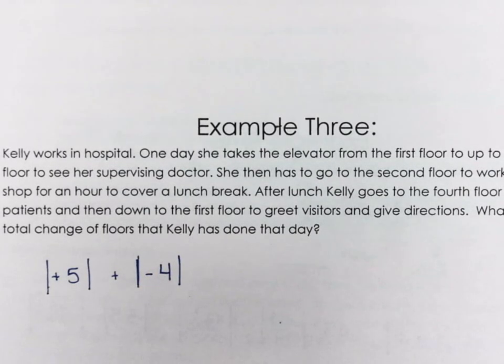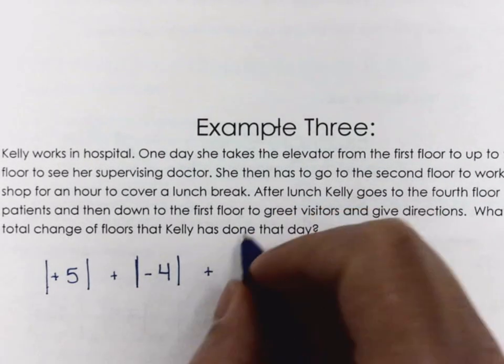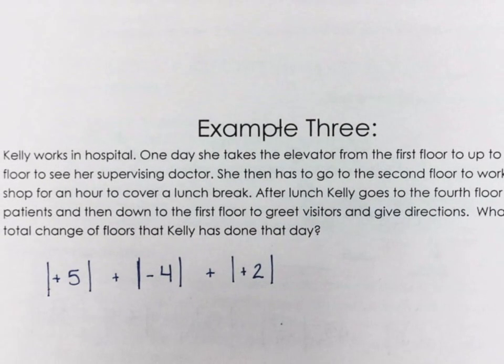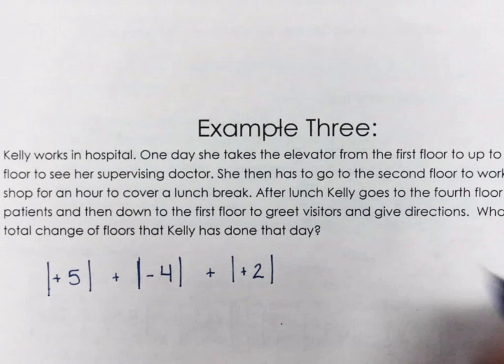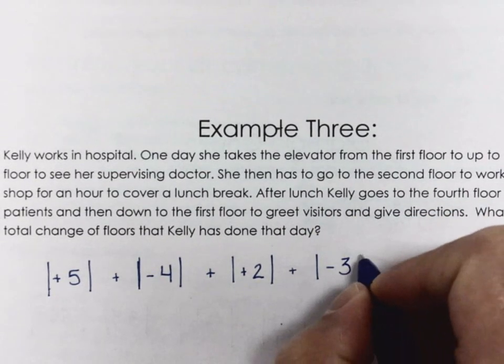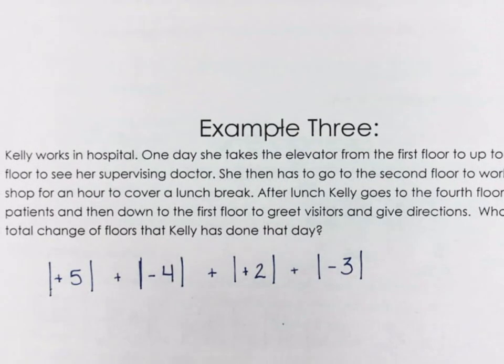And then where do I go? I go to the 4th floor from the 2nd. 2, but we're going upwards 2. And then I go back down to the 1st floor. Well, I was on the 4th floor, and I'm going to floor number 1.